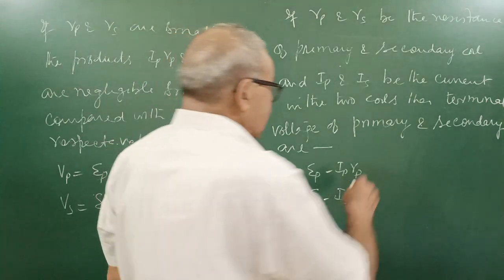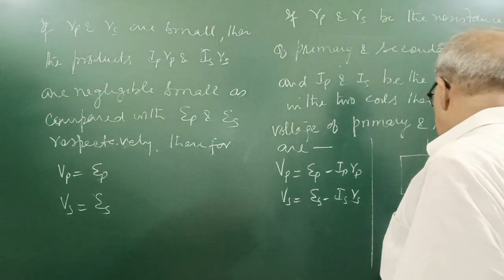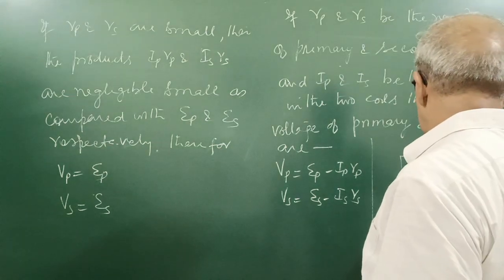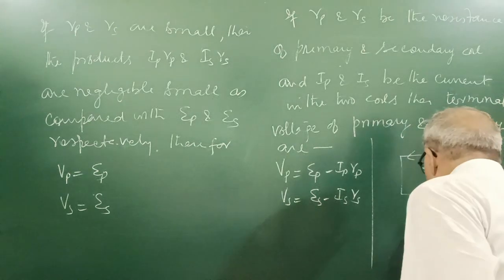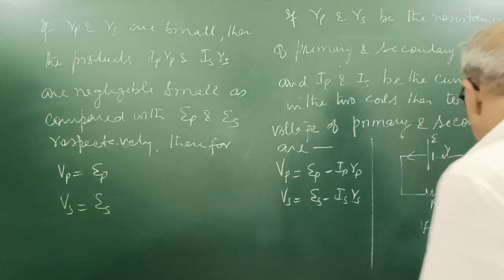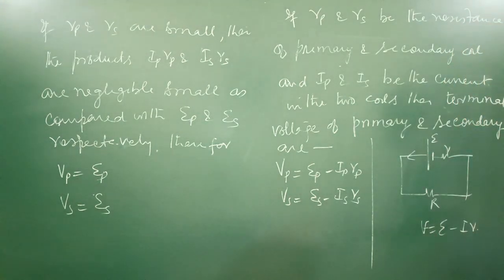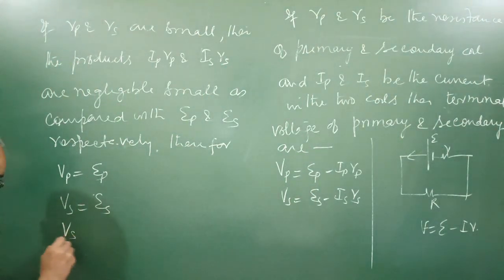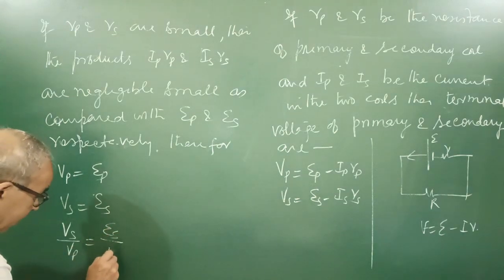I told you while teaching cells, with internal resistance r, external resistance R, current I, V equals E minus I into r. Resistances of cells or batteries are taken small, then V equals E. And here VS upon VP is equal to ES upon EP.